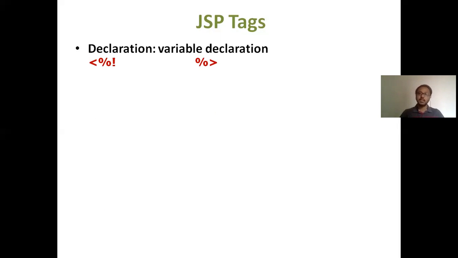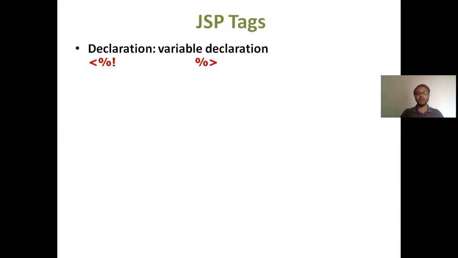It should start with the percent symbol followed by an exclamation symbol. This is the opening of your JSP declaration tag. The closing of the JSP declaration tag is the percent symbol followed by the angular bracket. This is the syntax of the declaration tag in JSP.